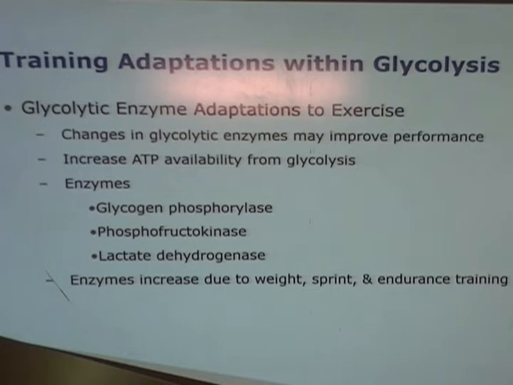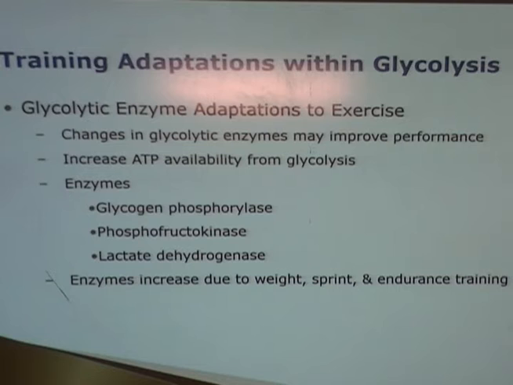When we look at glycolysis, though, we have a third factor that we have to take into account, and that's this hydrogen situation. So what happens adaptation-wise to help us with the acidic levels? The first one, glycolytic enzymes.